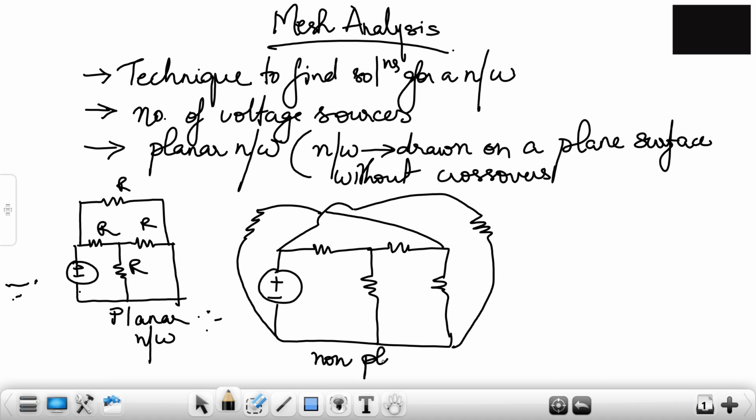This is a non-planar network. You can see there are a lot of crossovers over here. So this is an example of non-planar network. As I am delivering the lecture, you will please note it down.